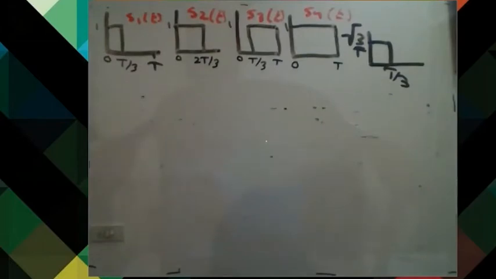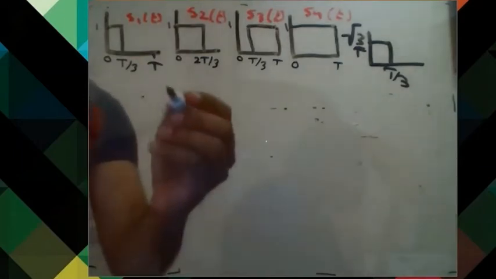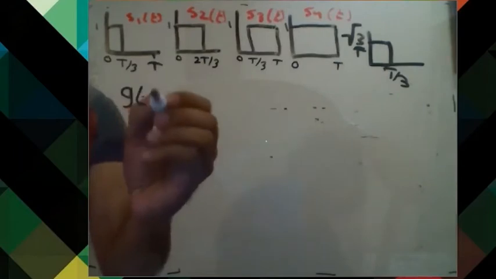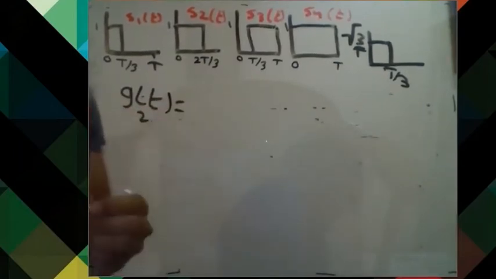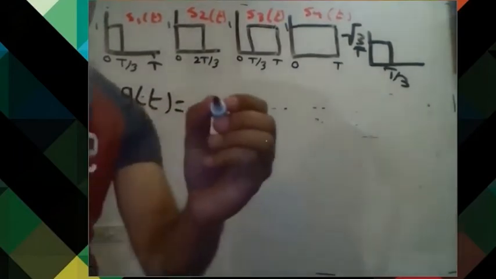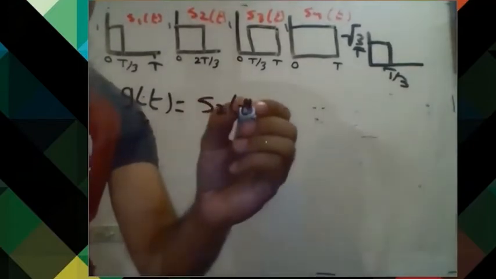To find f2(t), I need this intermediate function, g2. The definition was that I need to subtract something from this second signal.